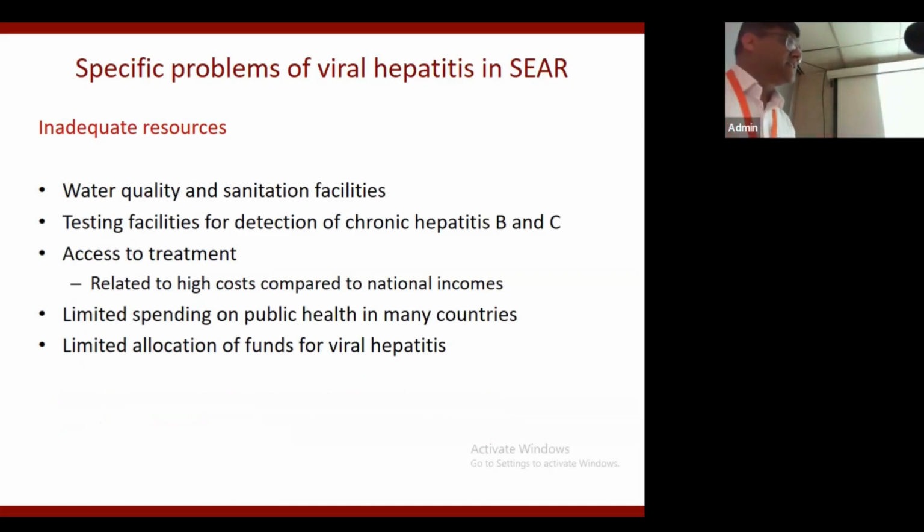Water quality and sanitation is a problem. Testing facilities for detection of chronic hepatitis B and C were earlier not there, now easily available because of COVID. Access to treatment was very costly, now fortunately it is available free of cost through the national program. And there is limited spending on public health, limited allocation of funds. So these are the problems why we don't have hepatitis care in India.